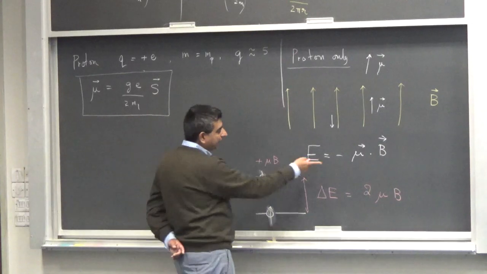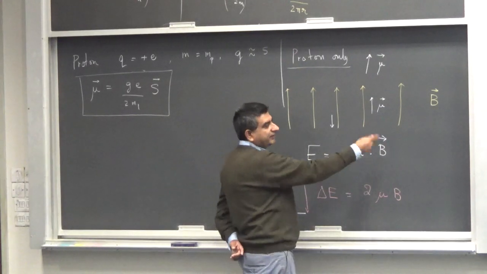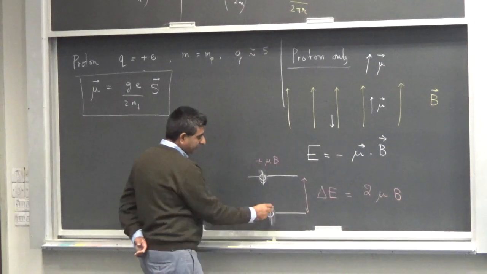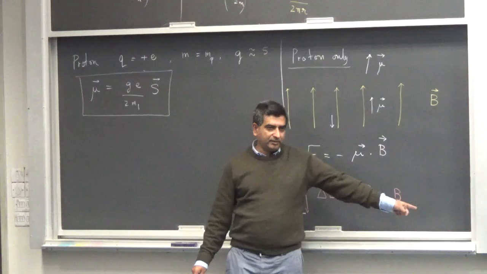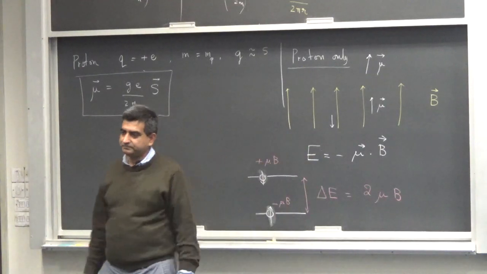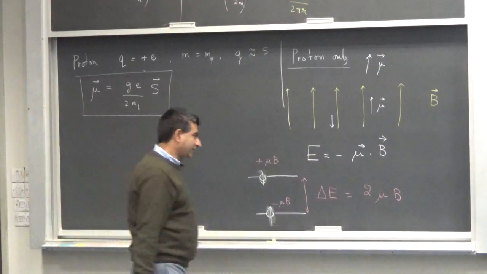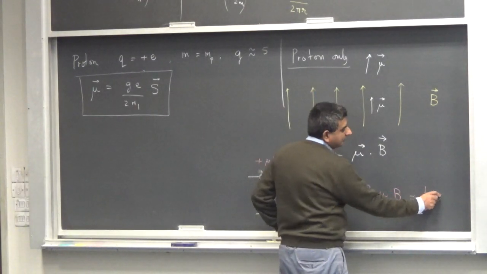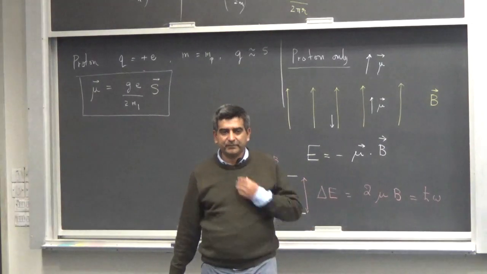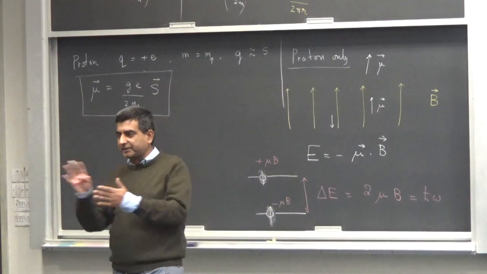The angle is 180 degrees, cosine of 180 degrees is -1, so this becomes plus mu B and this energy becomes minus mu B. So the separation is 2 mu B. And any energy can be written as h bar omega or hf. So associated with energy there is a frequency.